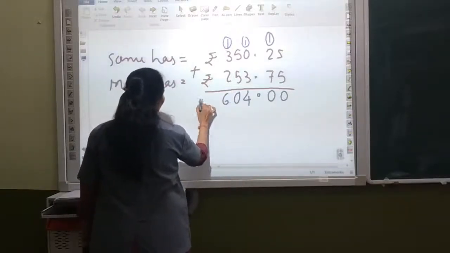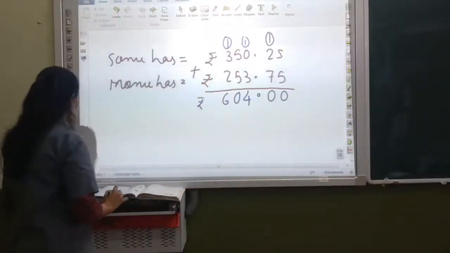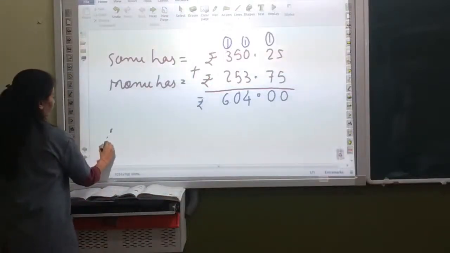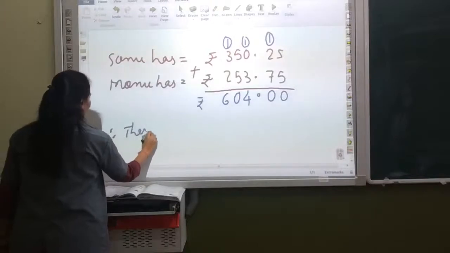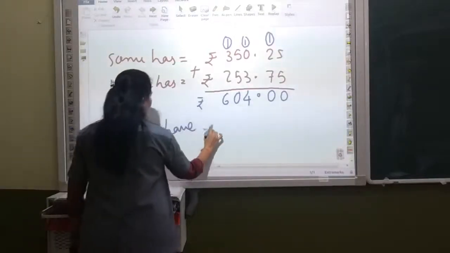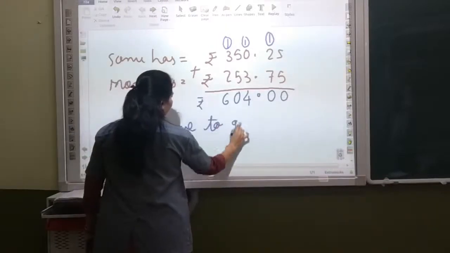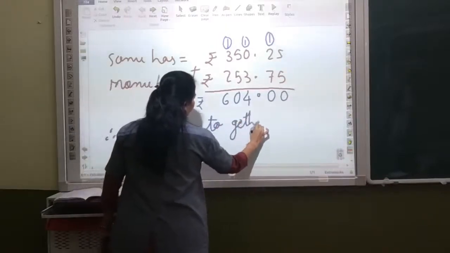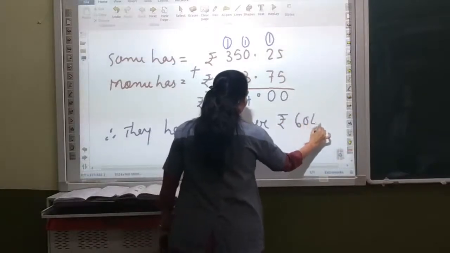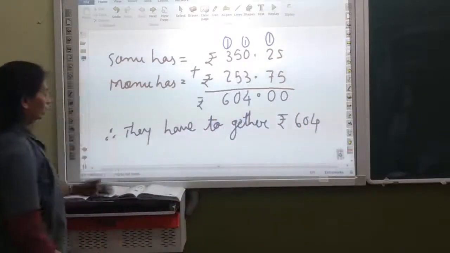So they have together rupees 600. Right. Now next.